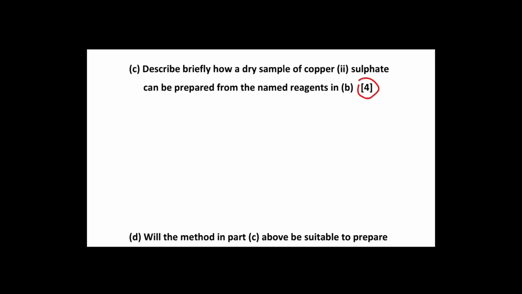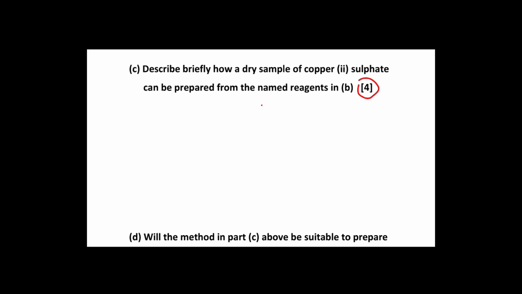Now, how can you prepare the dry sample of copper 2 sulfate from the named reagent? Remember, my dear learners, our reagents are copper 2 oxide and dilute sulfuric acid.